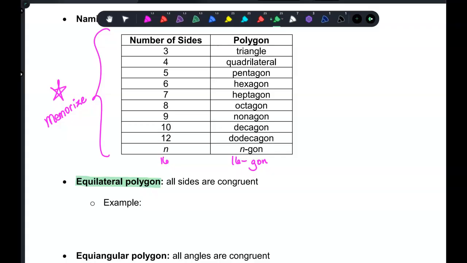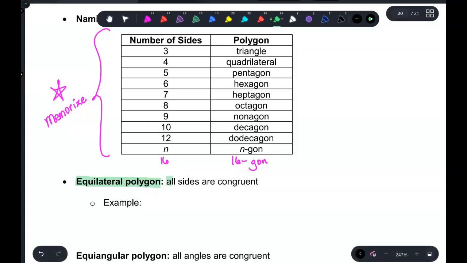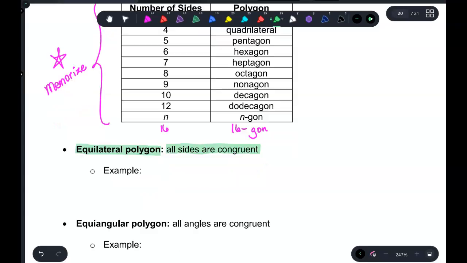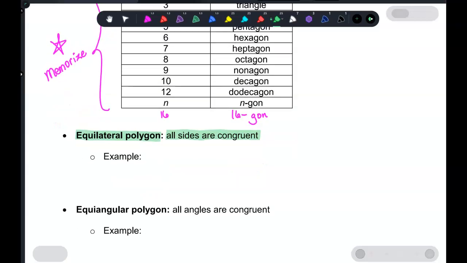So if it says equal sides, we would say all sides are congruent. You can also say all sides have the same measure. That would also be fine. Or all sides have equal length. These are all one and the same. So if you said that as your definition, all sides have the same measure, or all sides are equal length, that's totally fine. Okay, an example.